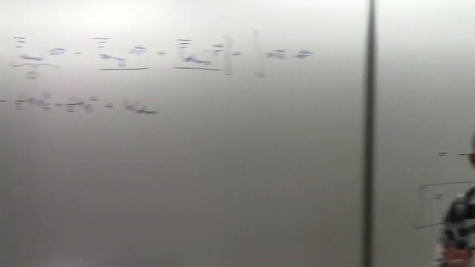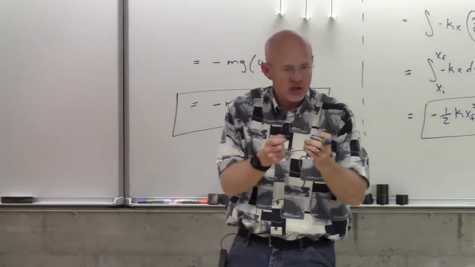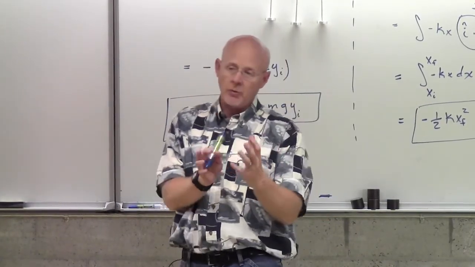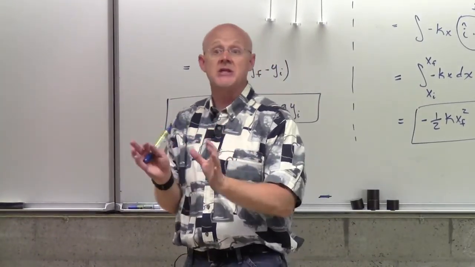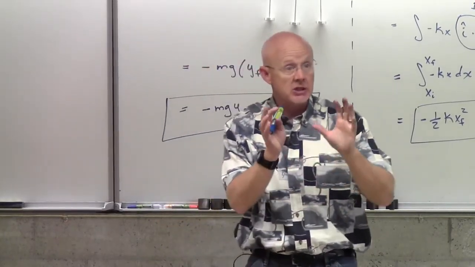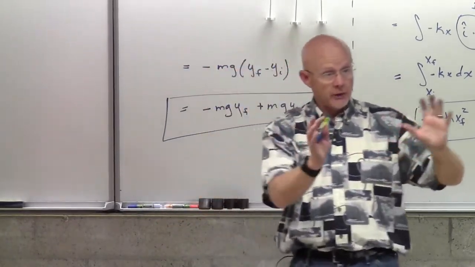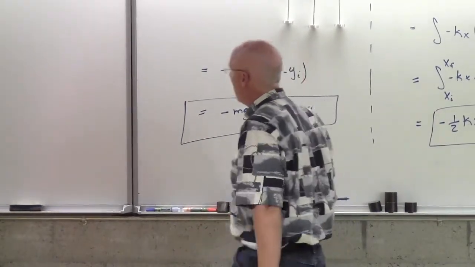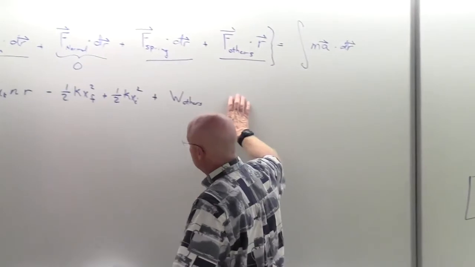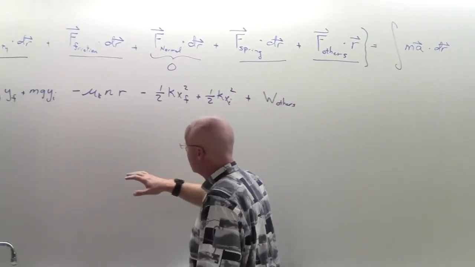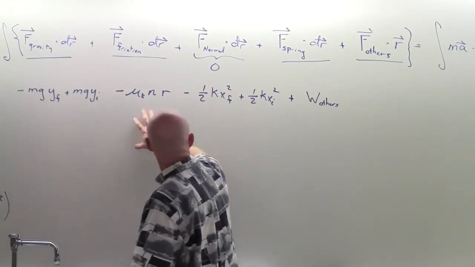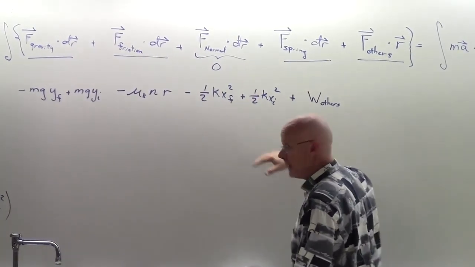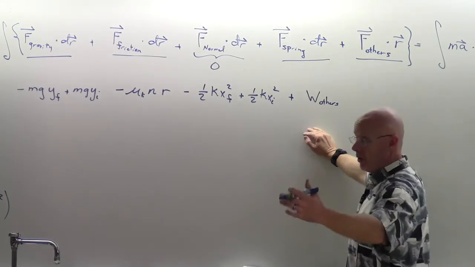And then if I have a problem that has other forces like the tension in a cable or some kind of an electric or magnetic force, which we wouldn't do any electric and magnetic forces this semester, but next semester, let me just leave that door open for other forces. And we've got plenty to work with for our starting. So this is the work done by gravity, this is the work done by friction, the work done by the normal force is 0, this is the work from the spring, this is the work by the other forces, if there are any.